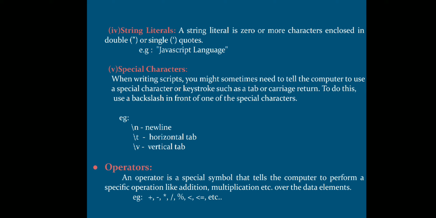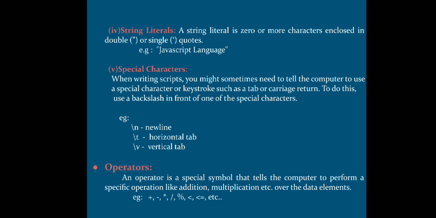Special characters. Special characters, also known as backslash character constants, also known as escape sequences. Maybe we'll be using different words, different terminology in different books, but the thing is the same. These backslash character constants are used mainly for formatting the output.